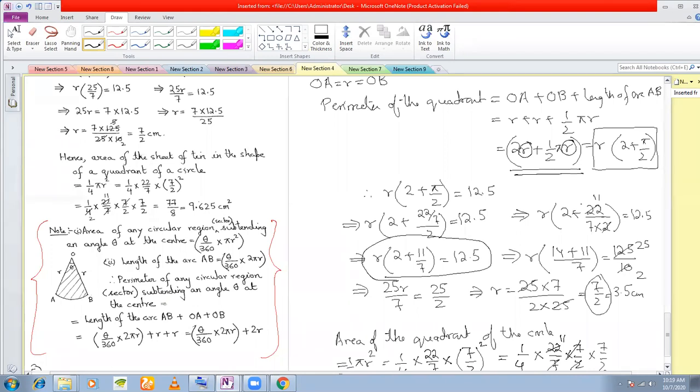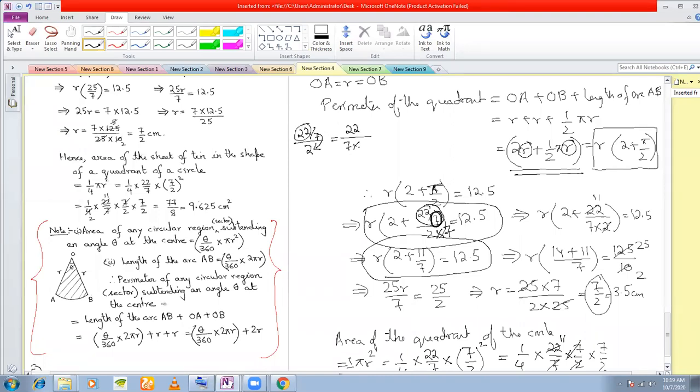Sir, after this step, I am saying. Okay, after this step. I've just put the value of pi as 22 by 7. And if I have a fraction in the numerator, that means the denominator of this fraction will come here into 7. 22 by 7 by 2 means 22 stays in the numerator, and this 7 will come in the denominator.